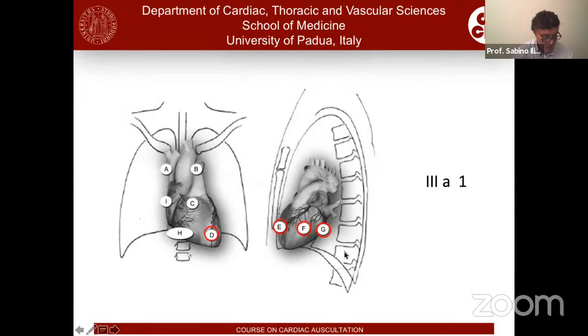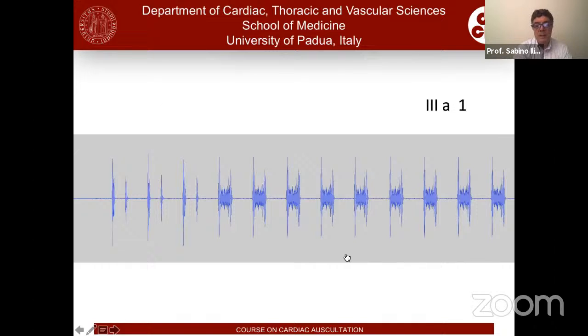So let's enter now into the more active phase. This is an example of mitral regurgitation. What I shall show you in this example, and in many others, will be a dynamic construction of the murmur.